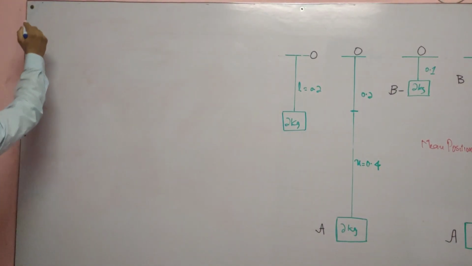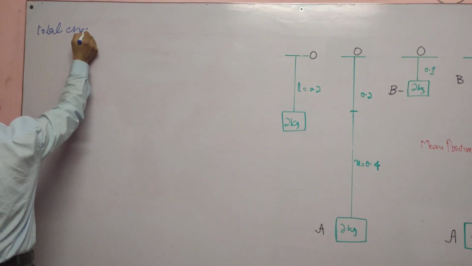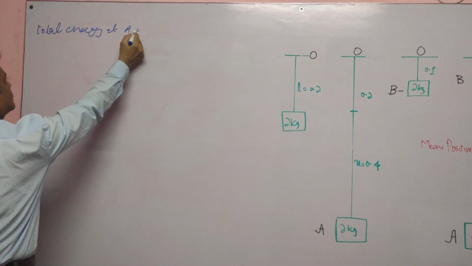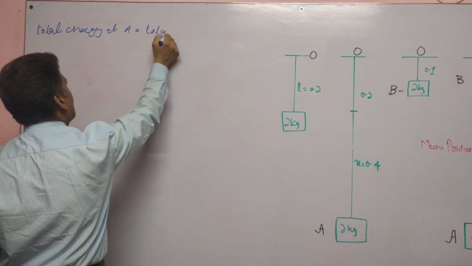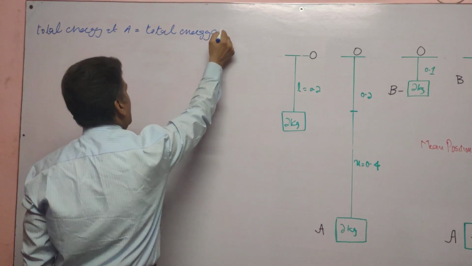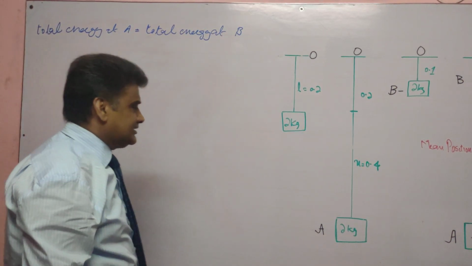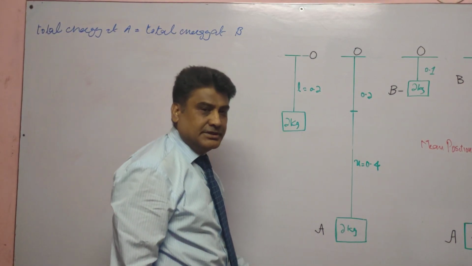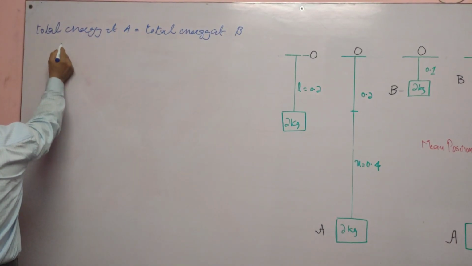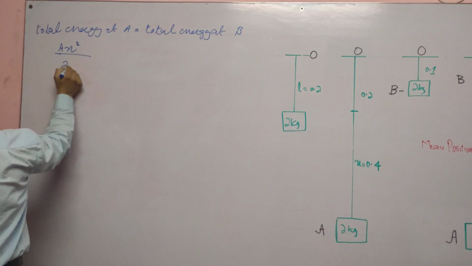I write: total energy at A will be equal to total energy at B. Total energy at A, which is its total elastic potential energy, will be lambda x squared by 2L.